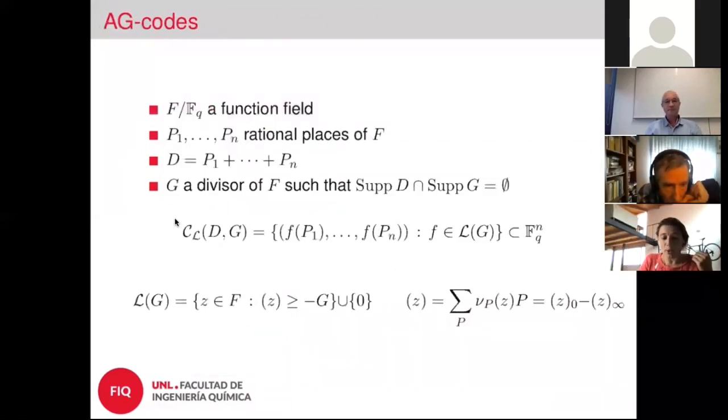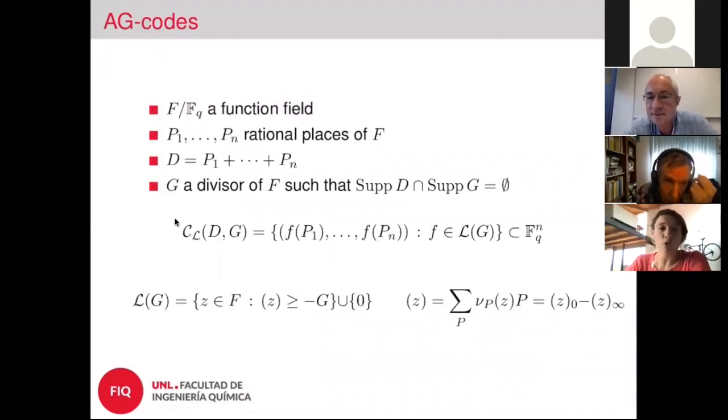But we work with AG codes, or codes coming from algebraic geometry. To construct these codes, you start with a function field and with n rational places on that function field. You could think that these P_1, ..., P_n are pairwise distinct rational points on a projective, non-singular and irreducible curve.